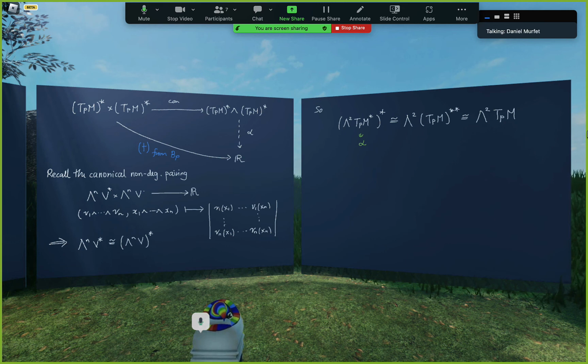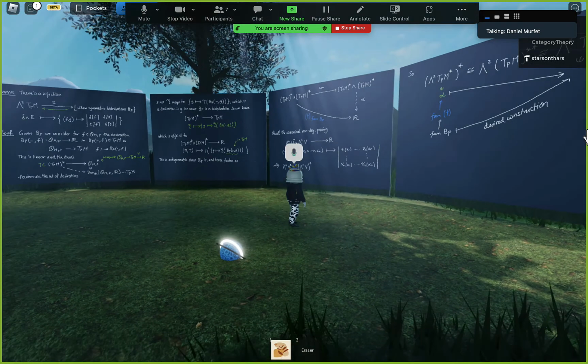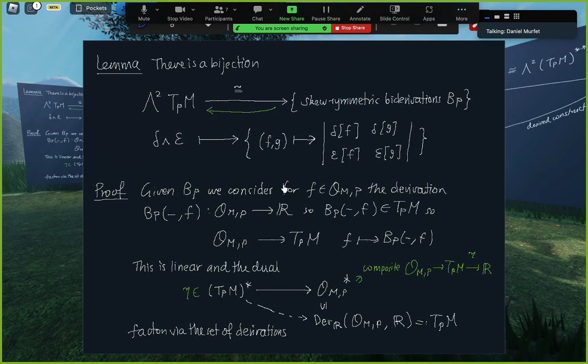Okay, so alpha came from dagger, and dagger came from BP, and then I can send alpha over here and get my desired element of the second exterior power. This combined map here is the desired construction in the statement of the lemma, which, if I go back for you in a moment, right?